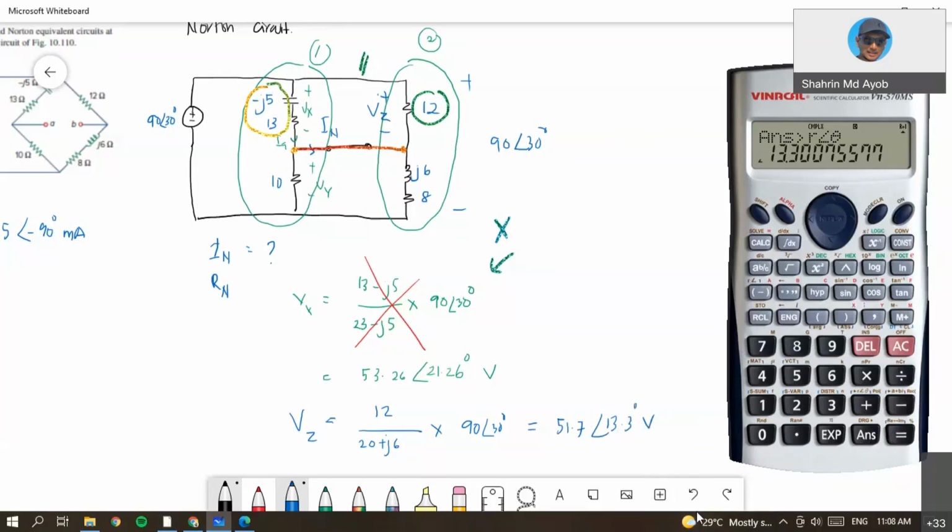So can you see what is wrong here? Can someone show me what is wrong with the voltage division technique that we used? Doctor, I think if we want to use the voltage division technique, we can let the 10 ohm with the plus J6 ohm become a single element.